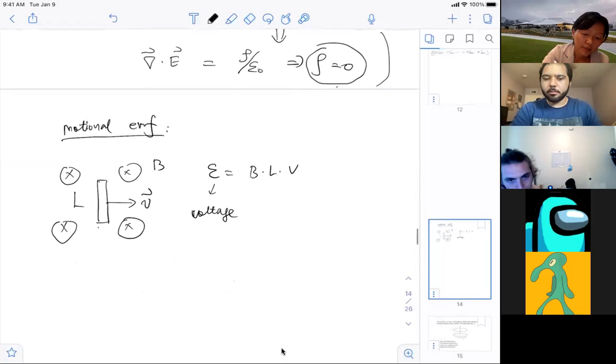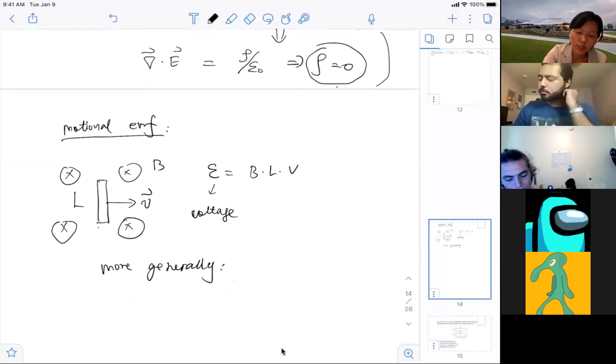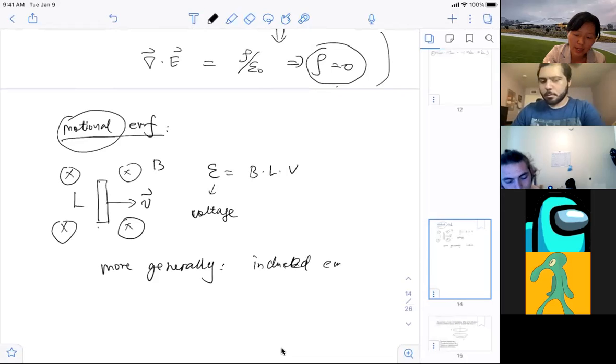More generally, this voltage is associated with motion, but as Faraday pointed out, it is more generally associated with induction. It's induced EMF because you don't always have to have motion. You can turn your B field on and off, have a change in magnetic flux, and you'll have the same result.